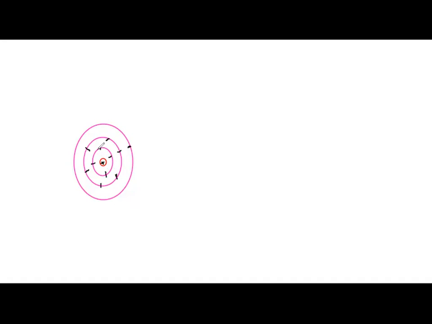So we know that there is an attraction between the nucleus and the electrons revolving around it, but the outermost electron will experience less nuclear attraction because of the increase in the distance from the nucleus and also due to electron repulsion. So this is what we have discussed.